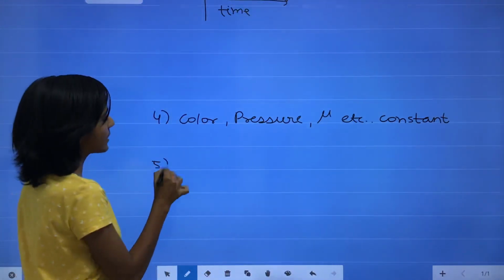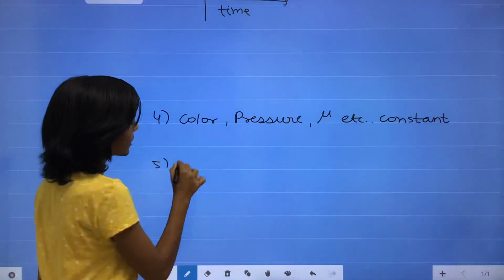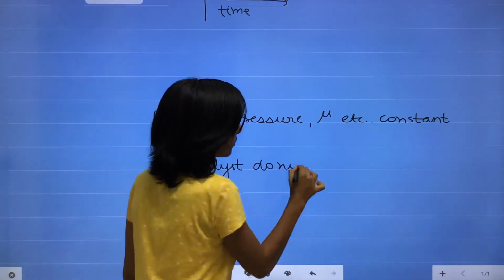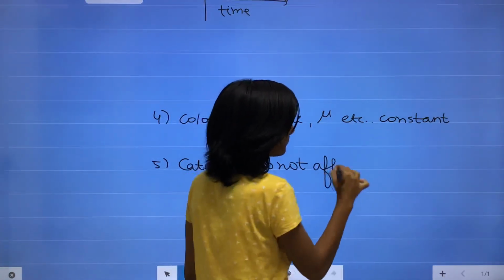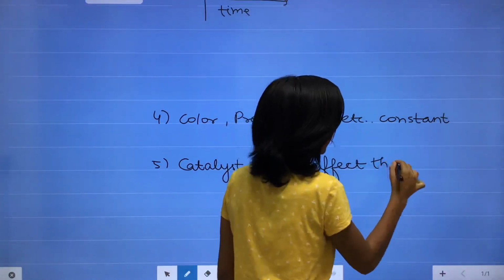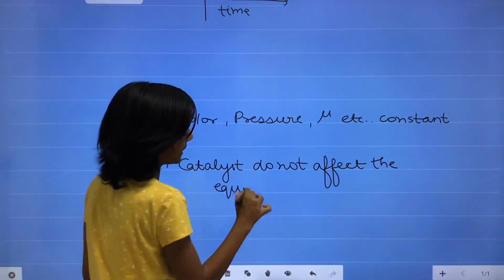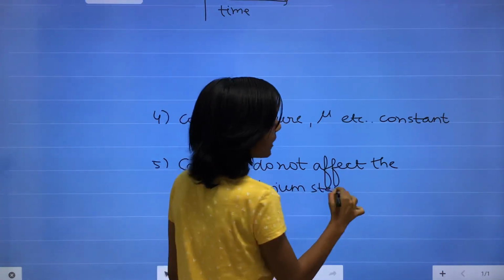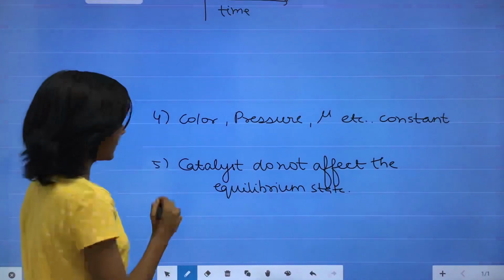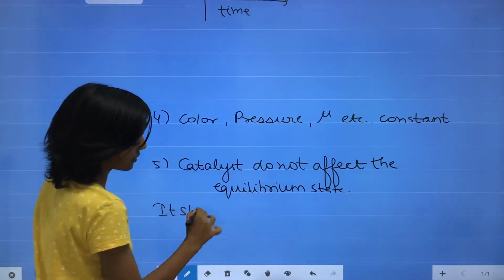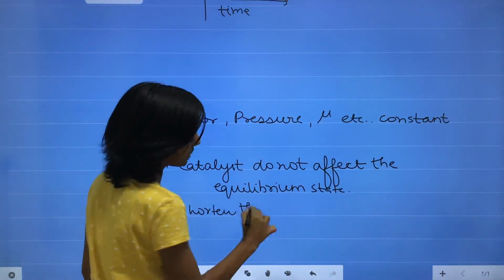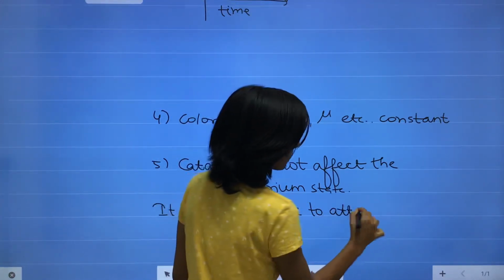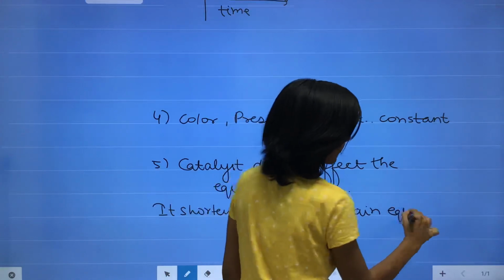Then the fifth is that catalysts do not affect the equilibrium state. Even so, the catalyst shortens the time to attain equilibrium.